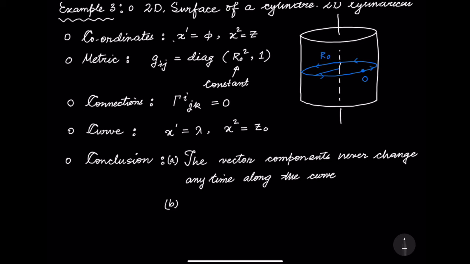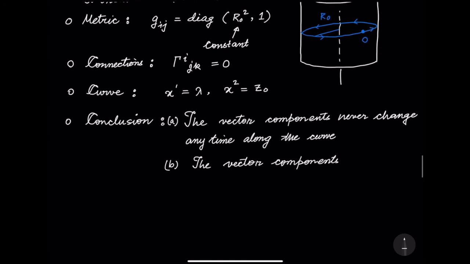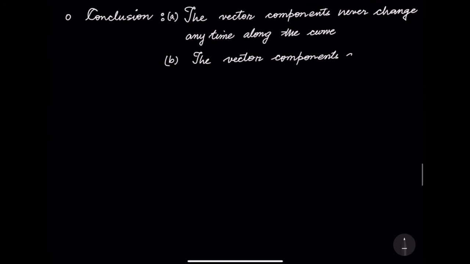What else? The vector components, which now becomes a corollary only, are unchanged in a closed loop.